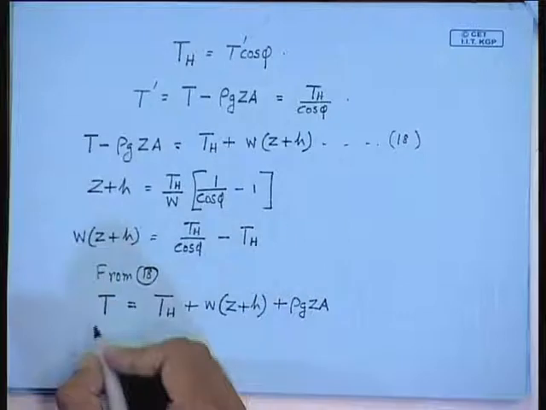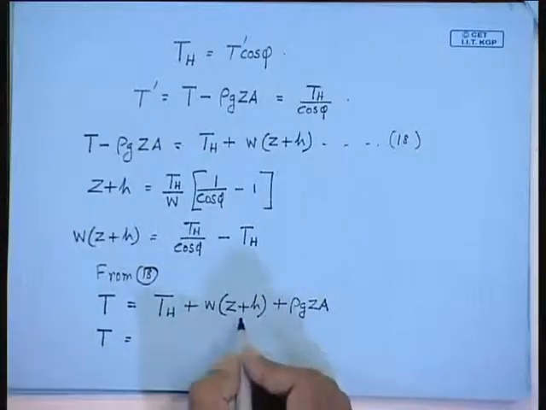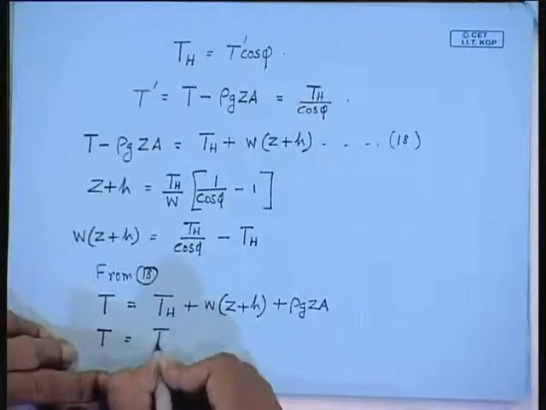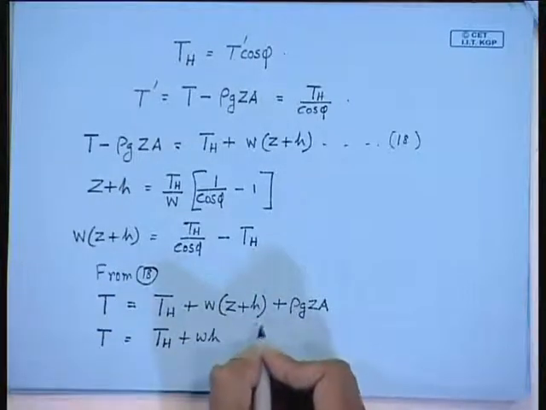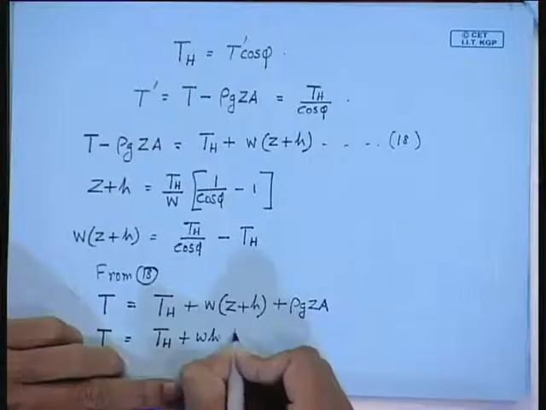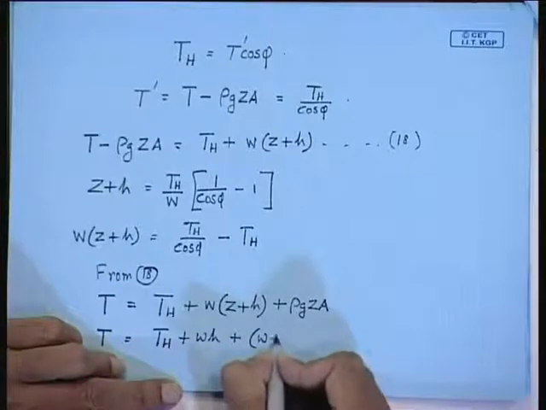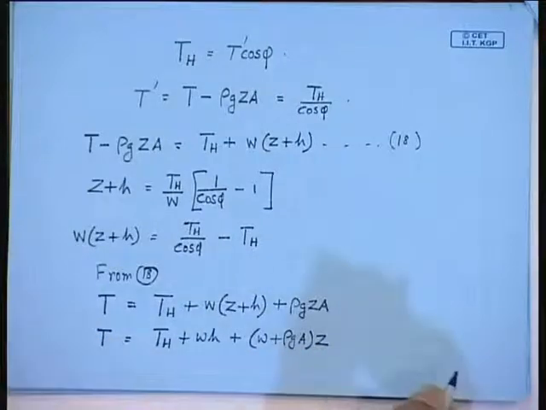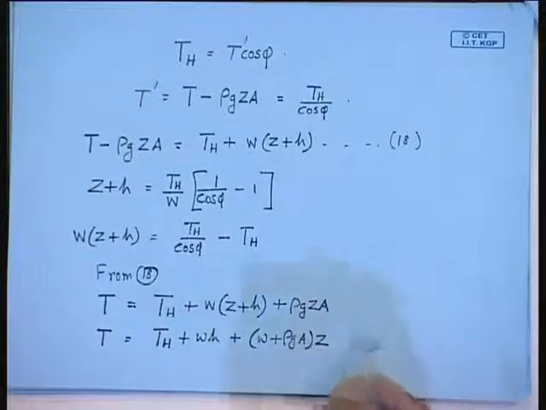Now can you simplify this further? So you try to bring this out. Here Z is common, so we can bring this out. So this is T_H plus W into H. Now Z is a common factor, so this is plus W plus rho g A multiplied by Z. So this you can calculate, provided you know the parameters which should be known.